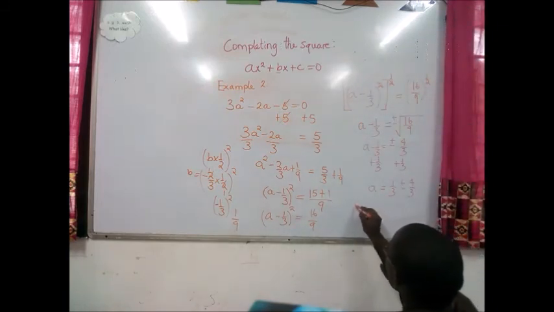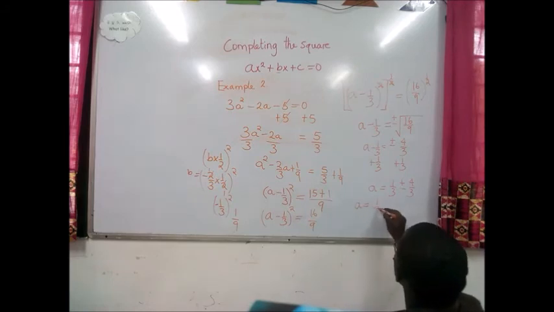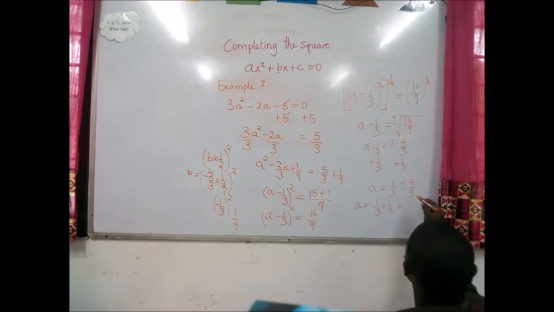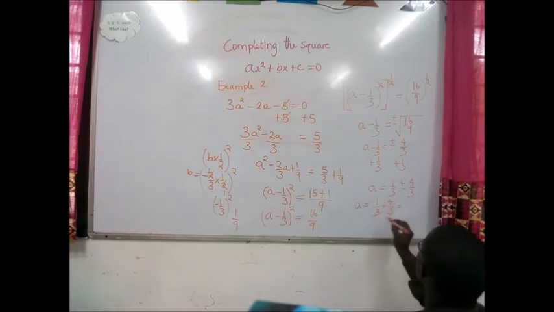We say a is 1 over 3 plus 4 over 3, sorry, I copied from here, which will be 5 over 3.